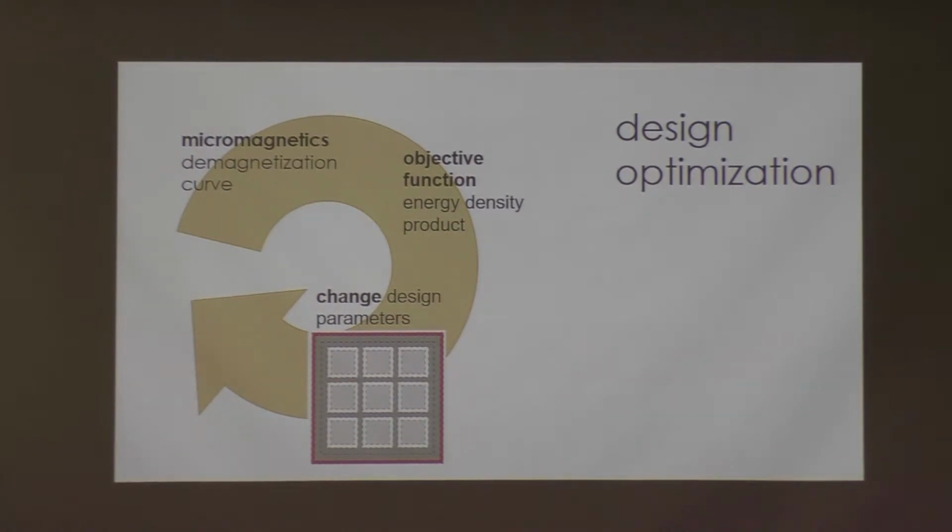And using computers, we can use some software for numerical optimization. The software computes the demagnetization curve, then evaluates some objective function, and then tells us how we have to change our design parameters in order to improve the energy density product? And if we go through this circle many times, we end up maybe with an optimal structure here.